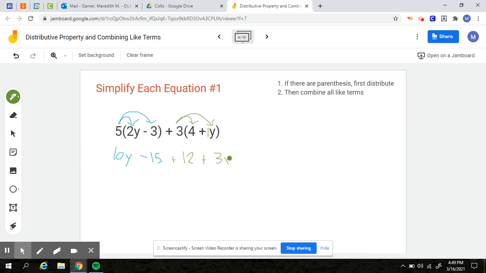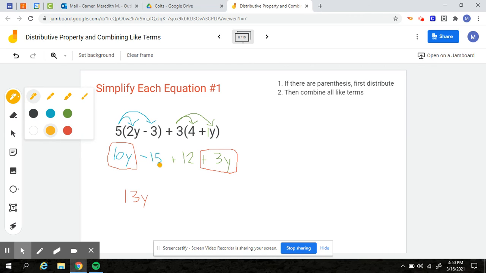Notice that after that first step, my parentheses are gone. That's a good thing, right? I've done that first step of distributing, so my parentheses are gone. Once that happens, now I can combine my like terms. So I'm going to put my y's together. I have 10y and I have a positive 3y. 10 plus 3 is going to give you 13y. The second thing I have to combine are the numbers.